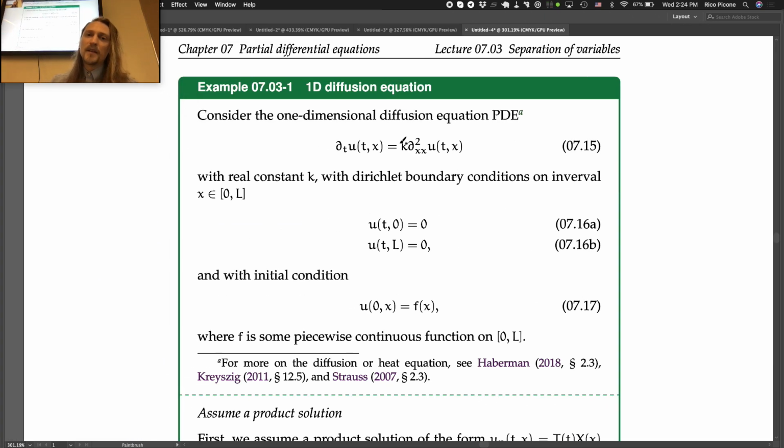So consider the 1D diffusion equation given in 7.15. It's a partial differential equation.